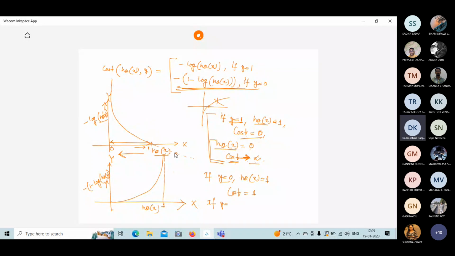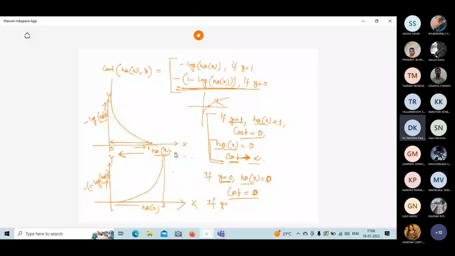Y equals 0 means the logistic function is found to be less than 0.5. It may happen that h theta x is found to be 0. When it is found to be 0, the cost function will be found to be 0. That means when h theta x tends to 0, we get the cost function 0.